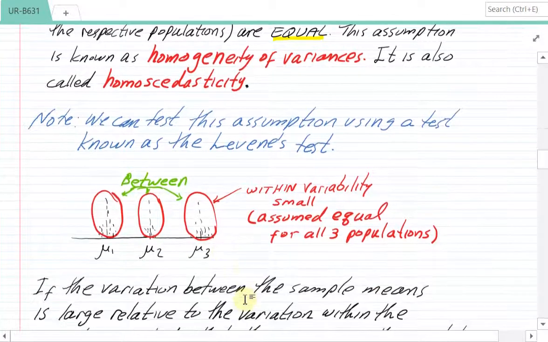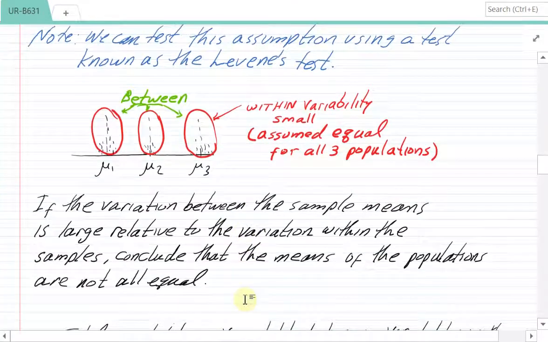Okay, so we're going to make it the rule for our ANOVA test, in fact. So let's agree that if the variation between the sample means is large relative to the variation within the samples, then we're going to conclude the means of the populations are not all equal. That means these means are going to be farther and farther apart.